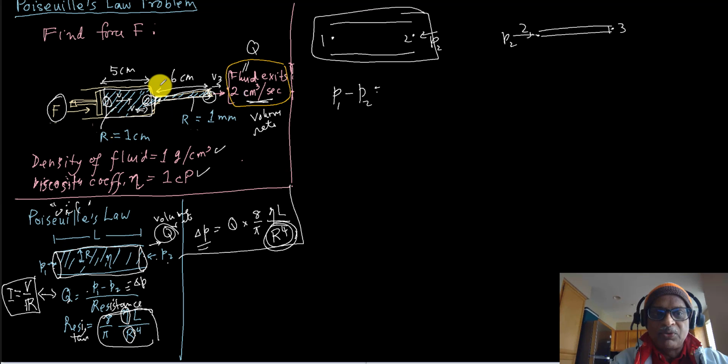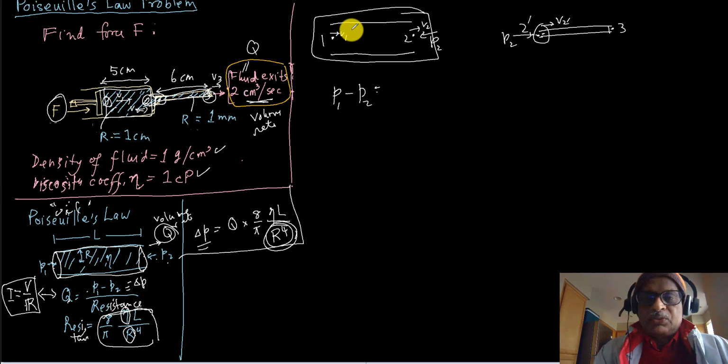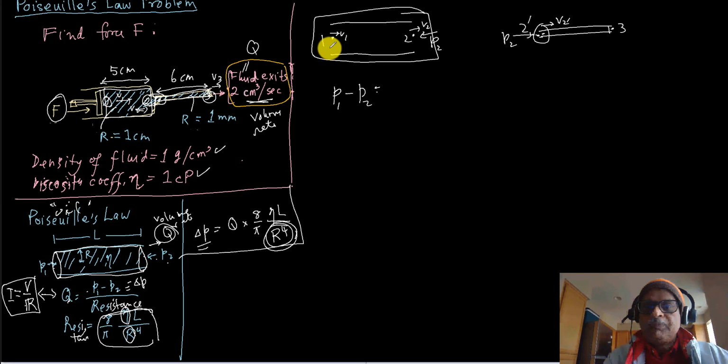But if I convert that over here, this 2 inside here, this V2 will be, let's call it 2 prime. This V2 prime will be different than this V2 over here. Okay, so we have P1 minus P2 equal to the Bernoulli term, where V1 equals V2, because the area of cross section is the same, so it doesn't make a difference here.